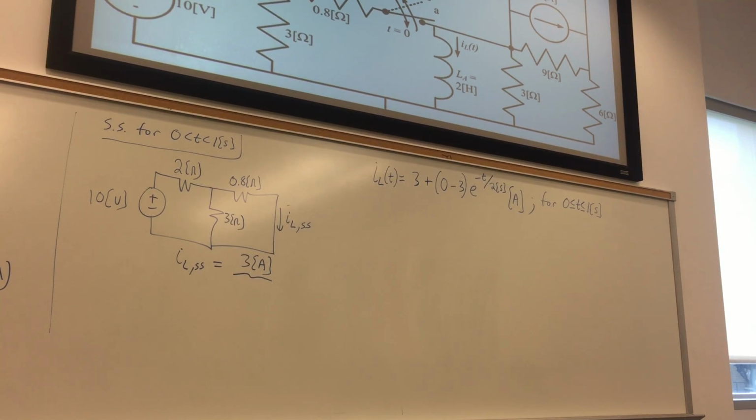Next, I need the initial condition for the next time period. So, I take the inductor and replace it with a short circuit. That gives me the initial value. Plug in the time of switching and find it.